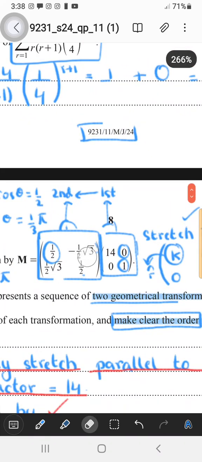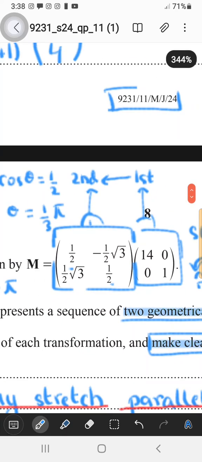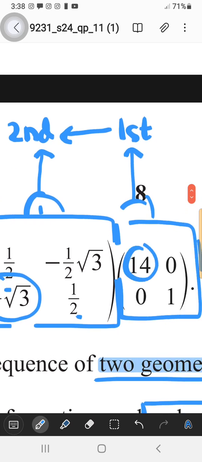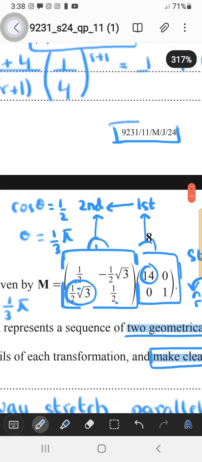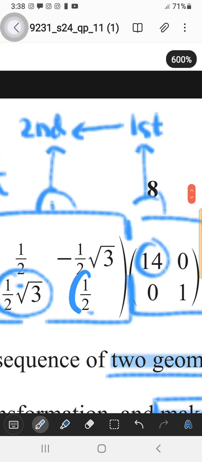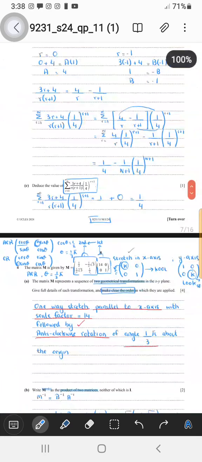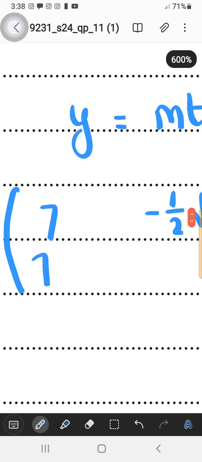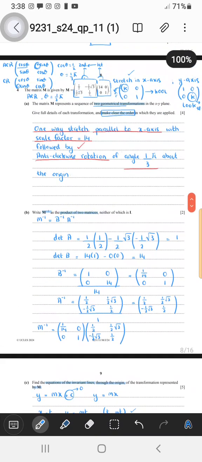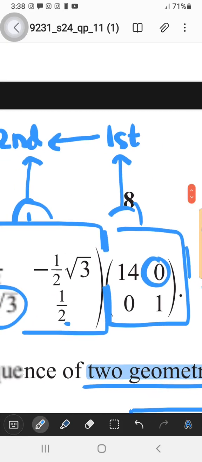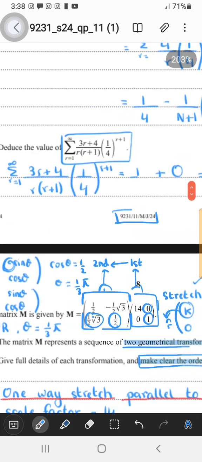Now I will multiply 1 upon 2 under root 3 with 14. So I will get 7 under root 3, and then I will multiply 1 upon 2 by 0. It becomes 0. So I will get 7 under root 3 here. Now I will multiply 1 upon 2 under root 3 with 0. It becomes 0. Then 1 upon 2 by 1, and it becomes 1 upon 2.